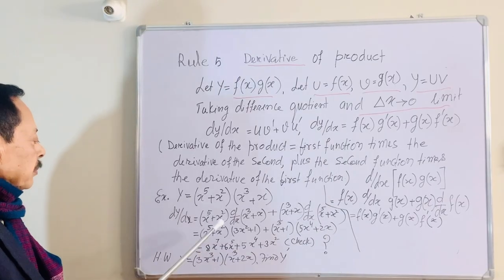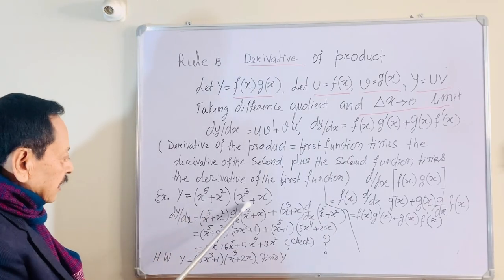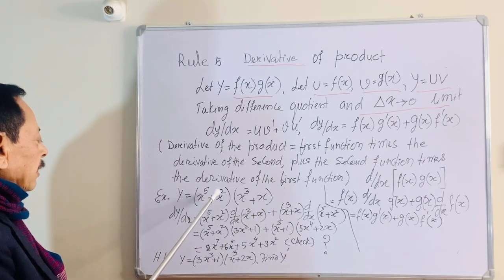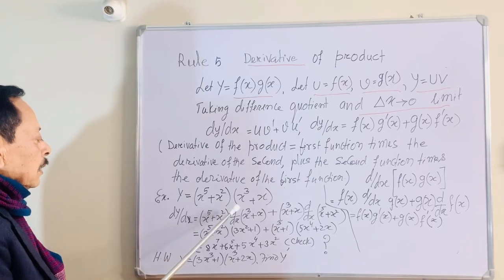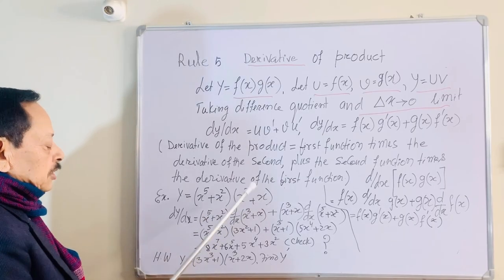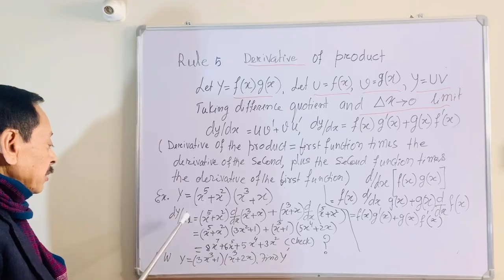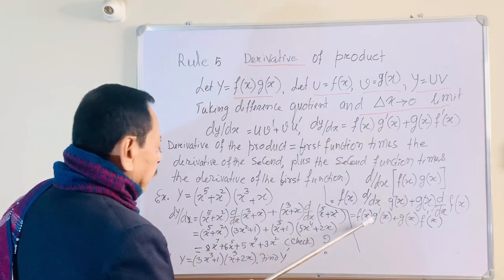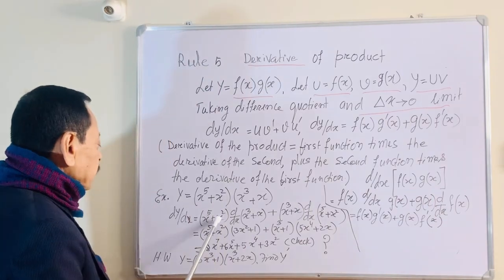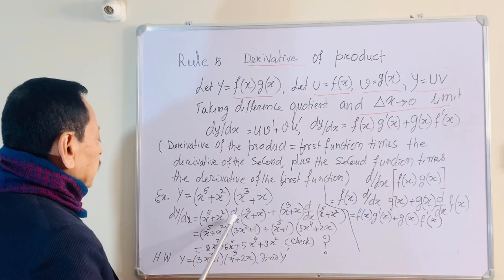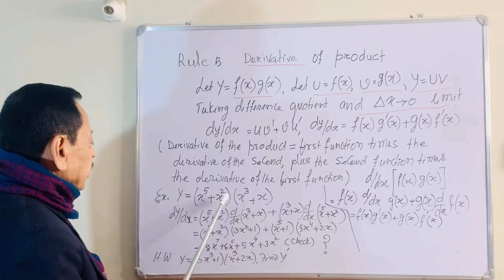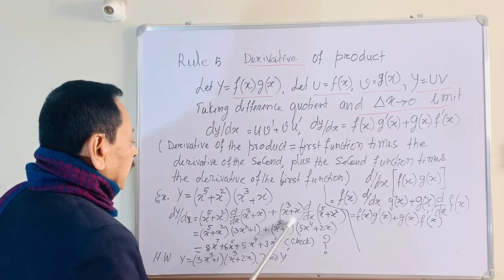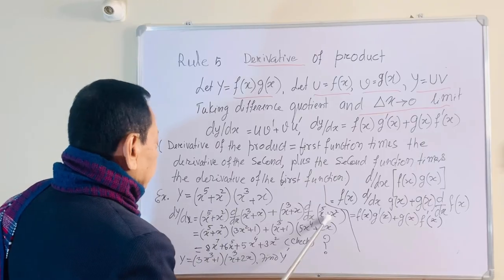So y is a function of x, and it is in this product form. y is equal to (x to the power 5 plus x squared) into (x cubed plus x). So what will be dy by dx? If we apply this rule, the first function times the derivative of the second plus the second into the derivative of the first.